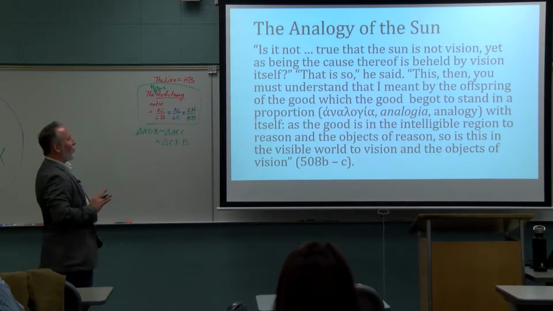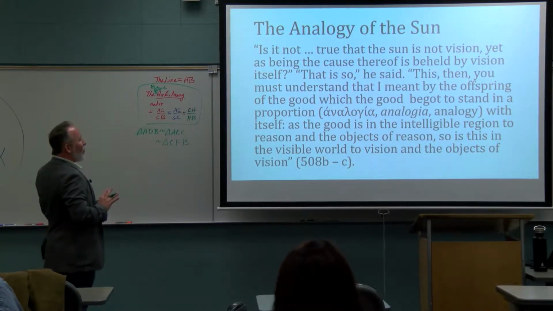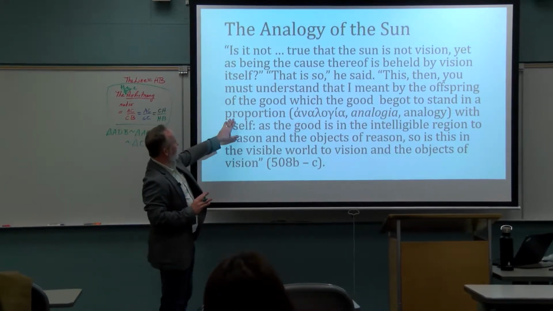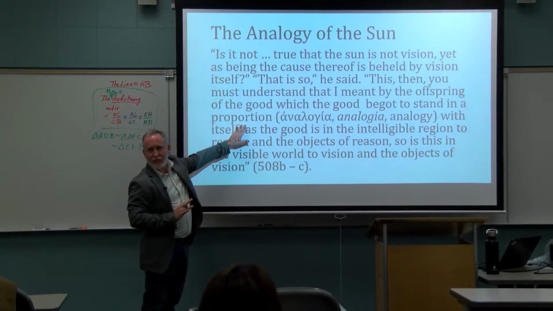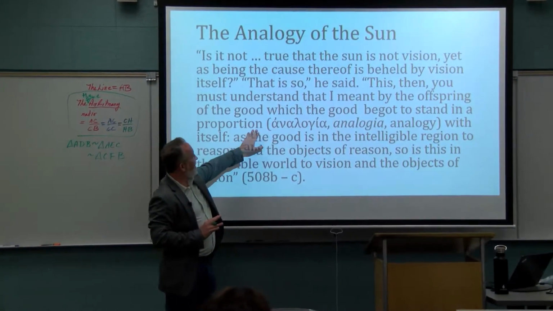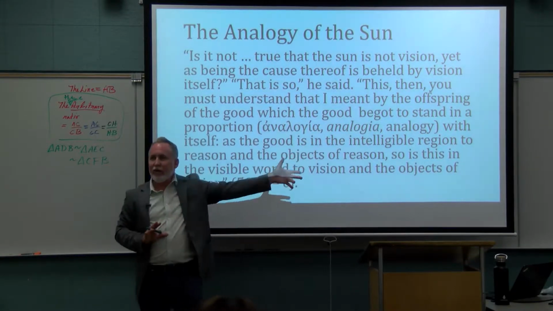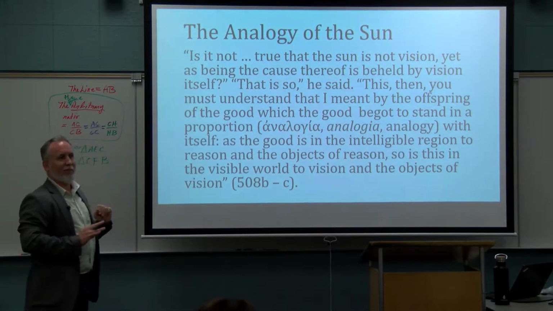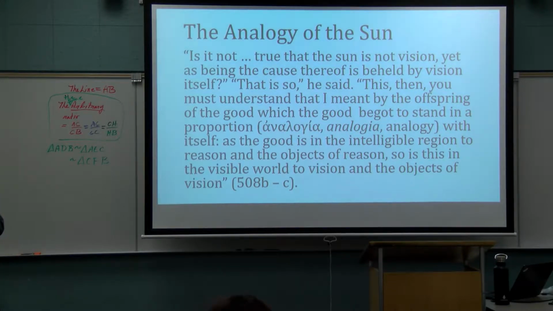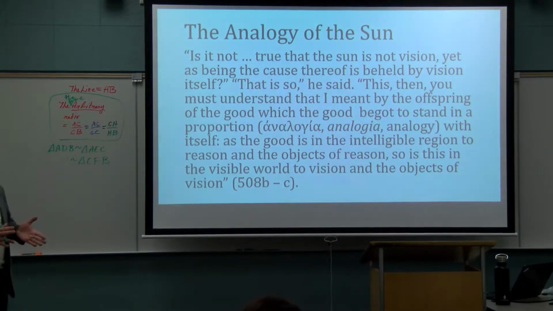All right, so what are we saying? Well, one thing I really want to point out here is this word proportion. So in Greek, it's analogia, which is where we get our word analogy from. And remember that the divided line is an analogy.